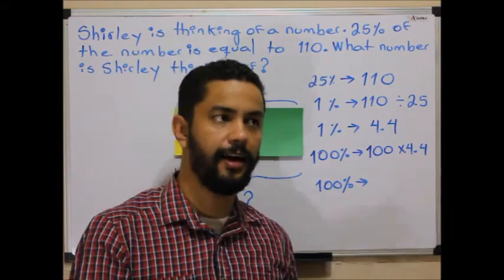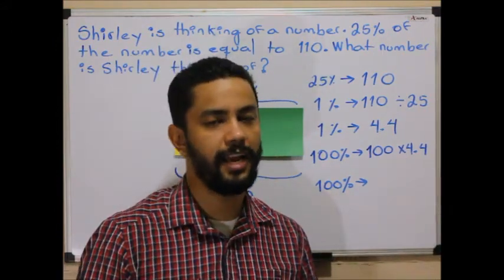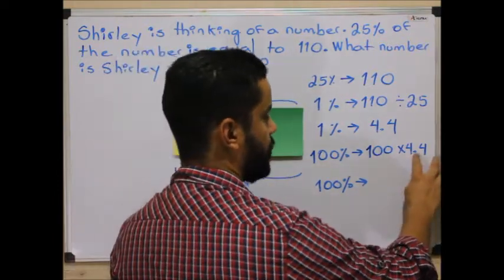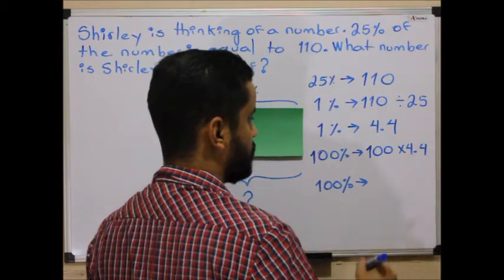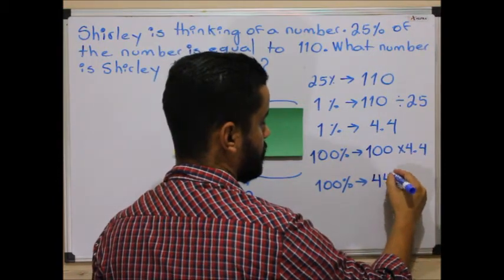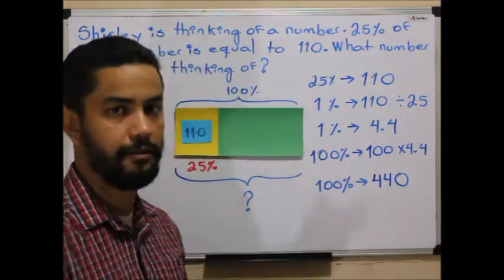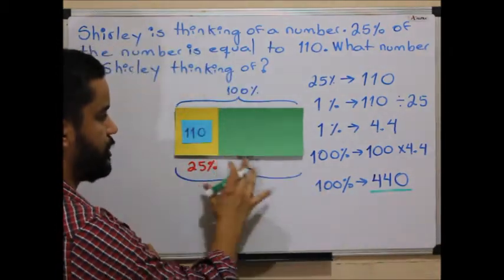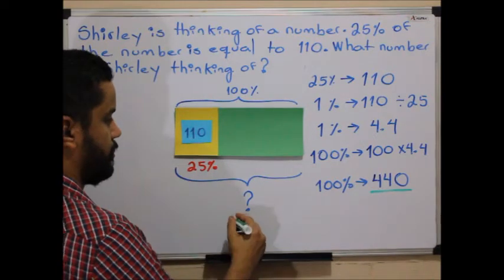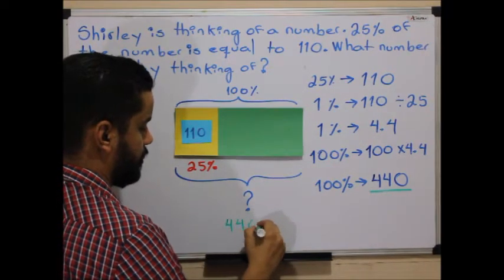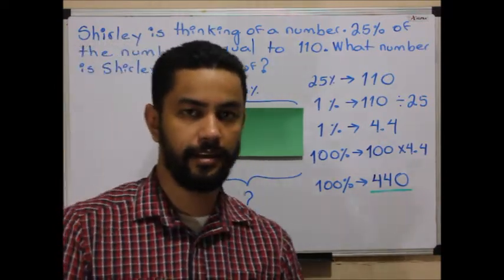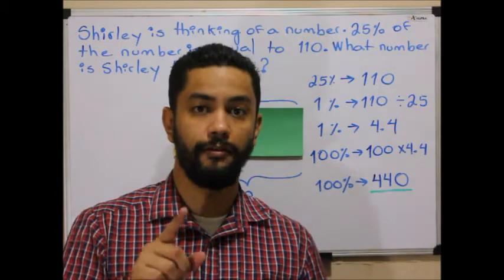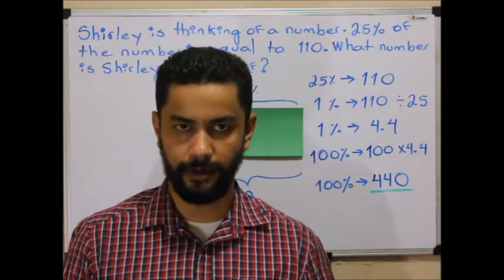And applying the life hack of math, we're going to move this decimal point just twice to get 440. That means that all this model is 440. And that means that Shirley is thinking of the number 440.